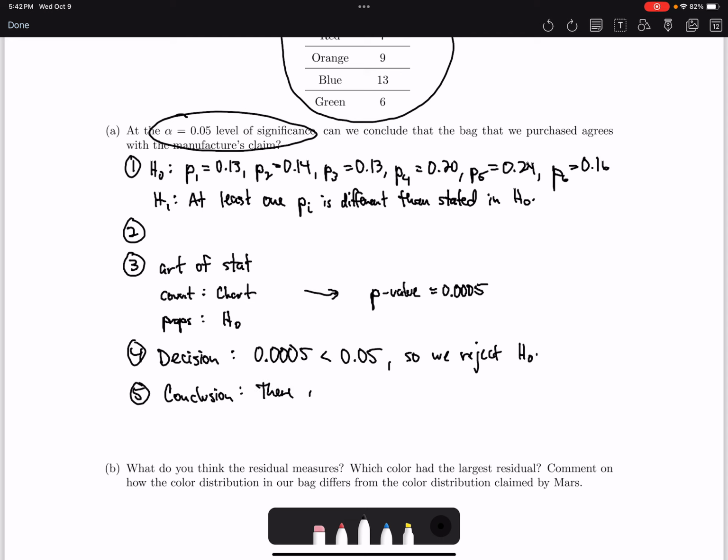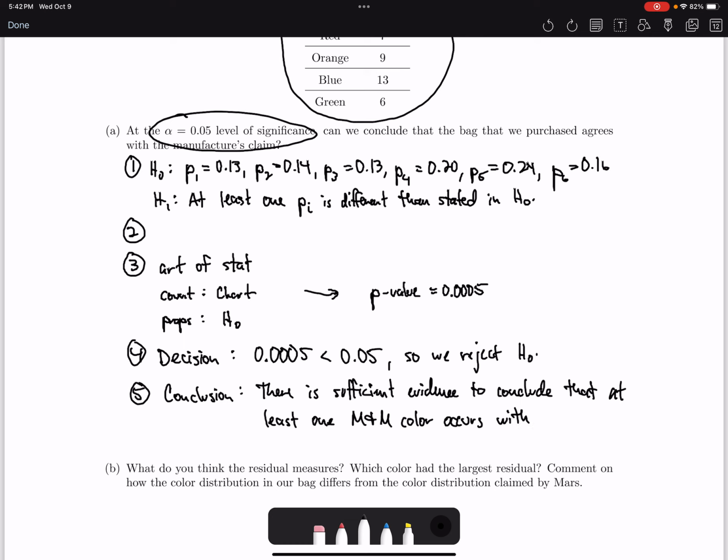There is sufficient evidence to conclude that at least one M&M color occurs with a different proportion than hypothesized in H null. So at least one of the colors is different.